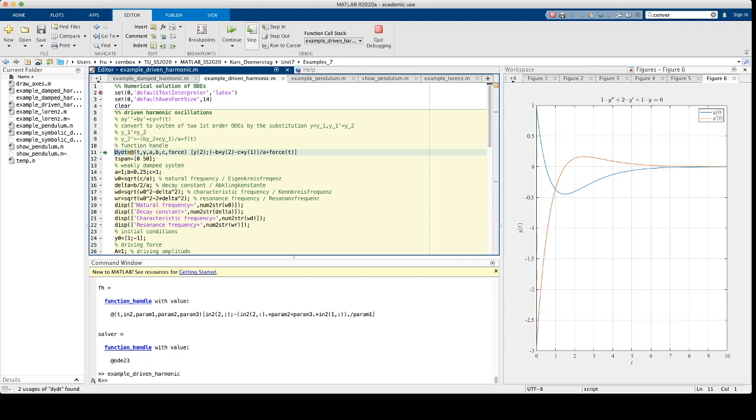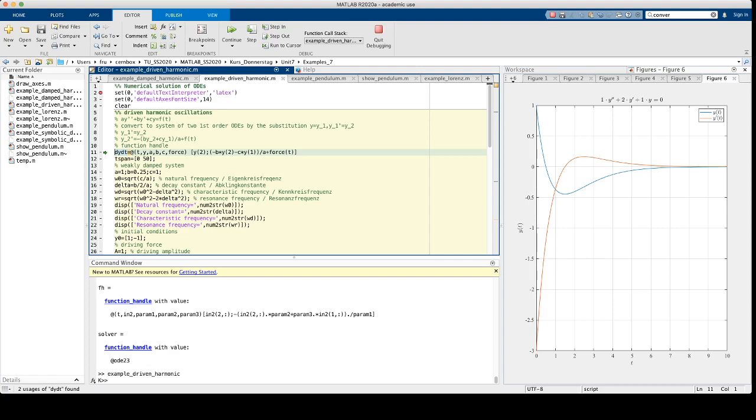As before, in the last video, we have to convert this second-order equation to a system of two first-order equations by the usual substitution, and we get a similar function handle as before, but now the function handle has one additional argument, which is the driving force.